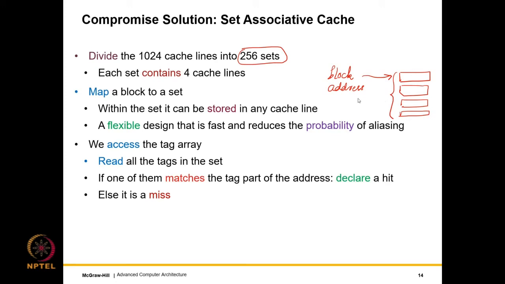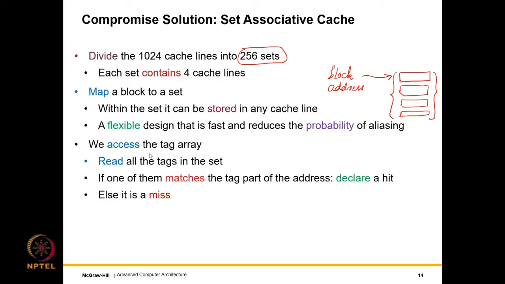So this set associative approach, where we have flexibility within a set, is a compromise. It provides a degree of flexibility and it also reduces the probability of aliasing. It is sort of the best of both worlds.